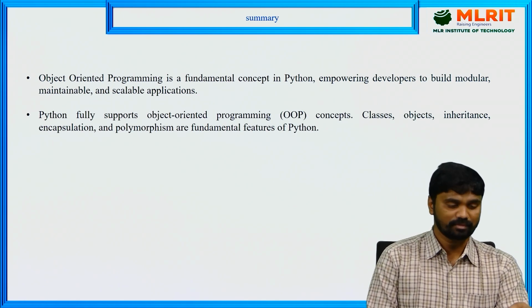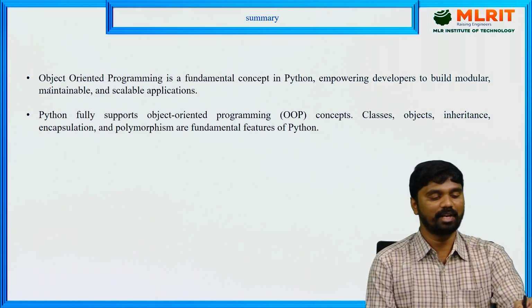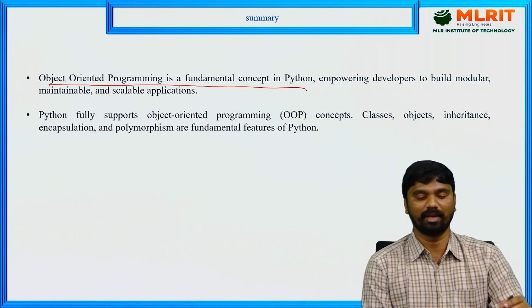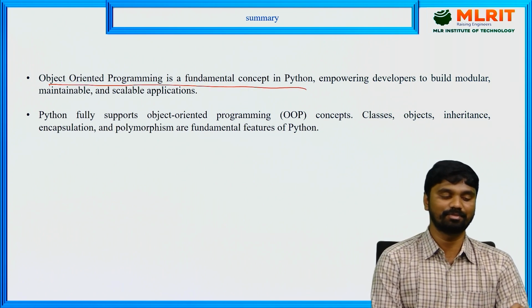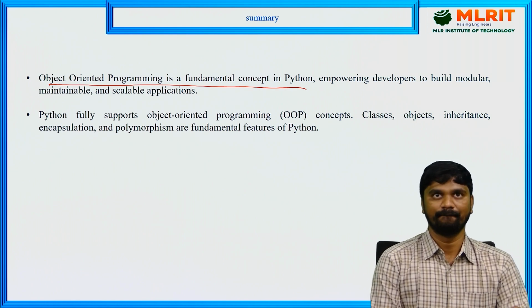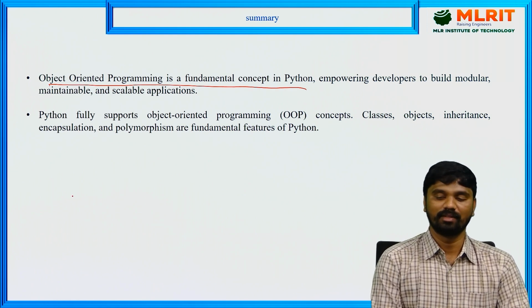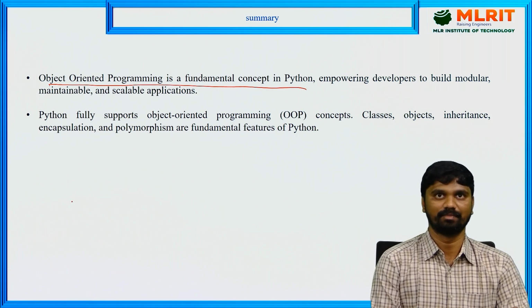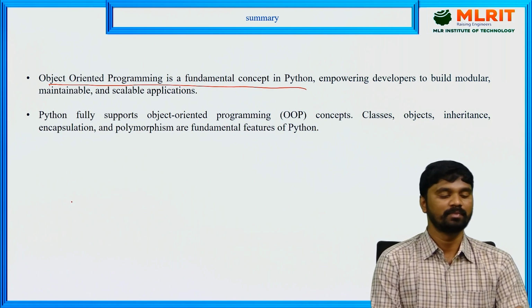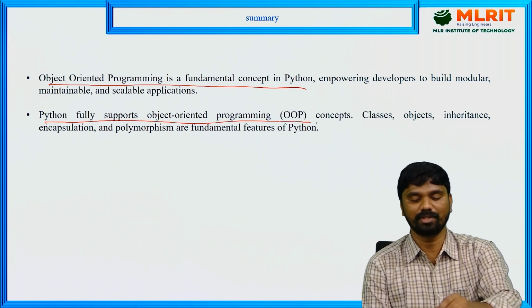Finally, object oriented programming is a fundamental and very important concept in Python, because it helps develop modular, maintainable, and large scalable or complex level applications. Python fully supports object oriented concepts.